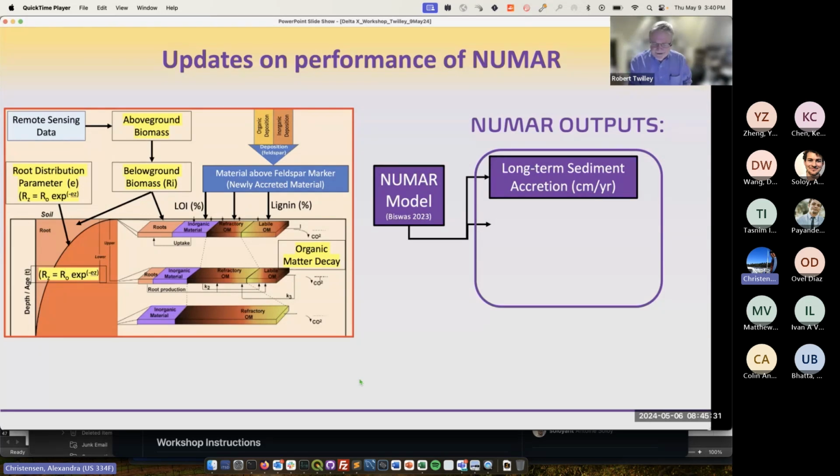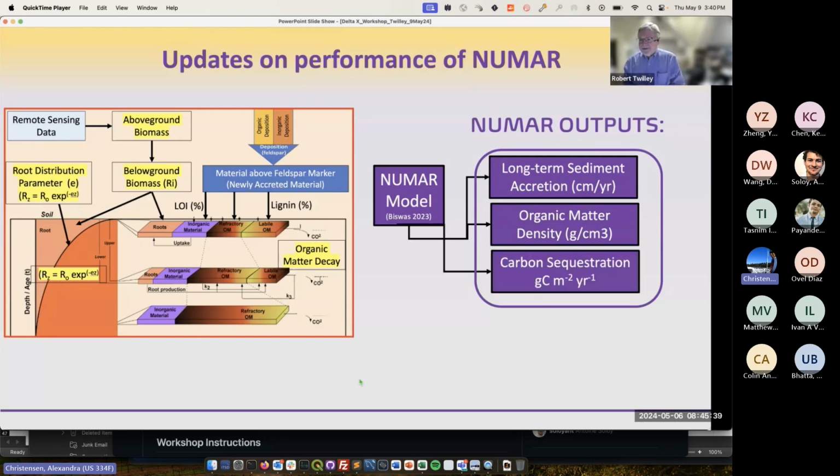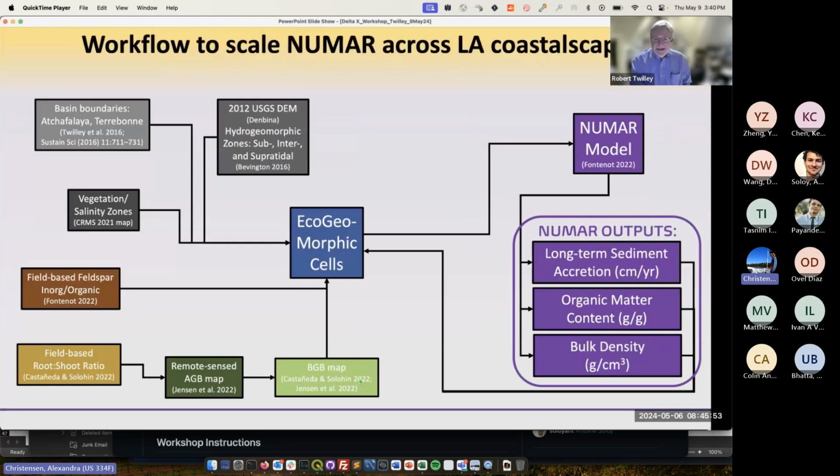Let's be very careful here. You get an organic matter density in grams per cubic centimeter, and that allows you then to calculate the carbon sequestration rate. So not only are we interested in knowing the elevation change across sites and what factors control those elevation changes, but also the ecosystem service and carbon sequestration in this process.